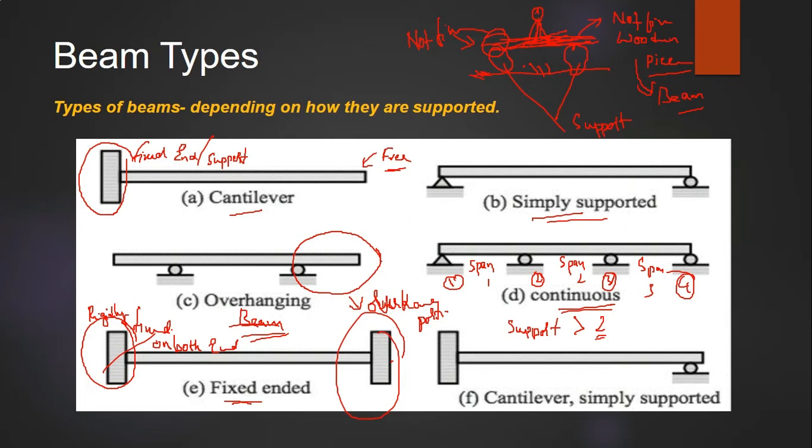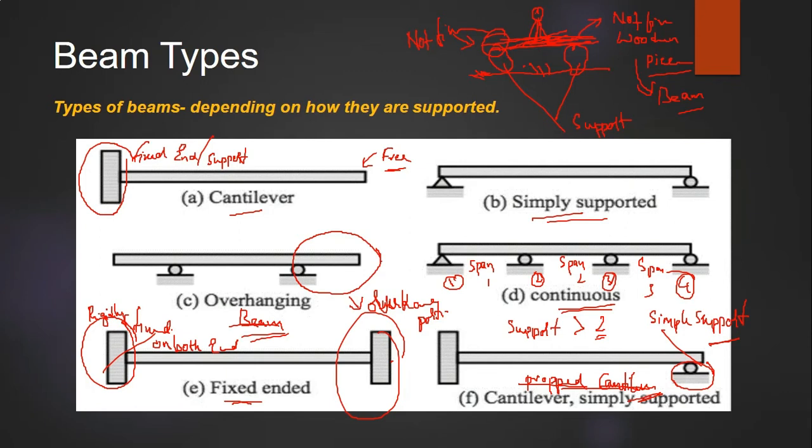And coming to this one, cantilever and simply supported, this is what we call a propped cantilever. This is a cantilever beam which has a simple support over here.